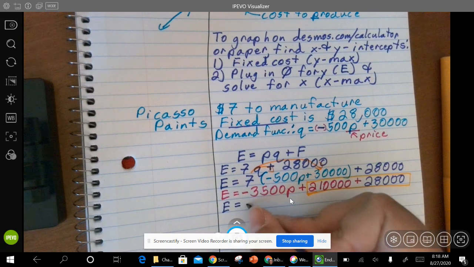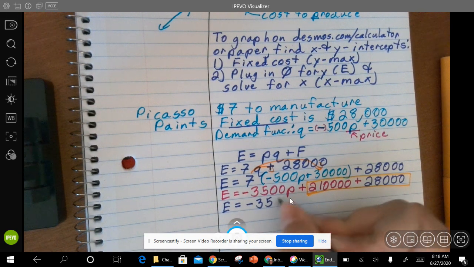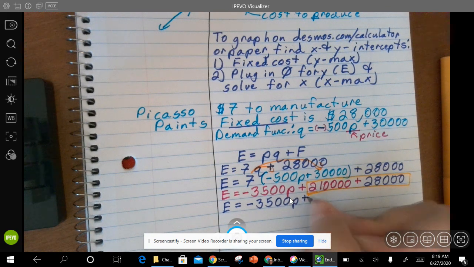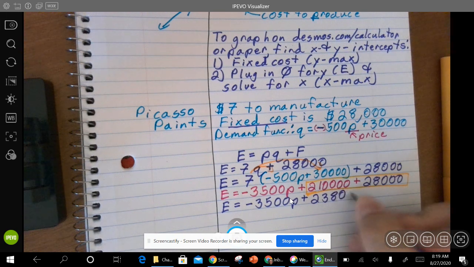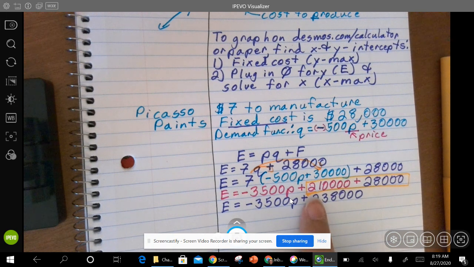So we get expense equal to negative 3,500 times the price plus 238,000, which I got from adding 210,000 plus 28,000.